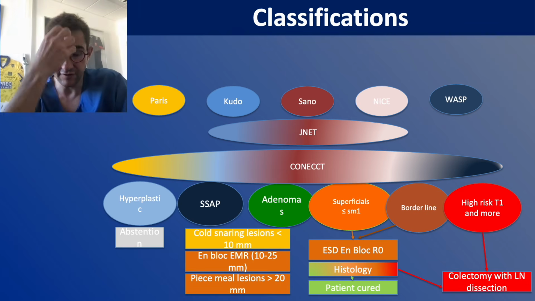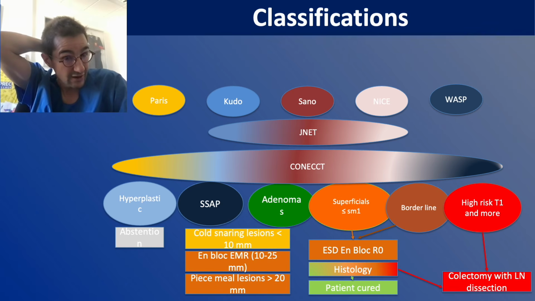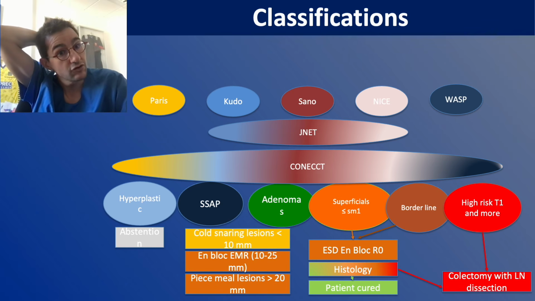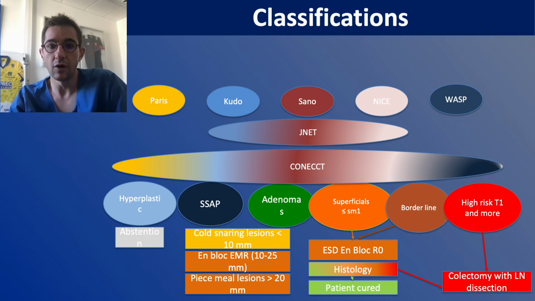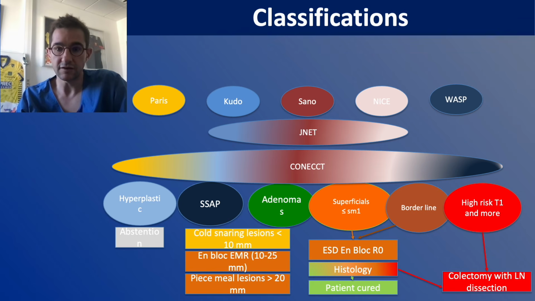And the Connect classification we developed 5 or 6 years ago is trying to associate all the factors coming from Paris, Kudo, Sano, NICE, and WASP in order to cover all the histology we can find in the colon.